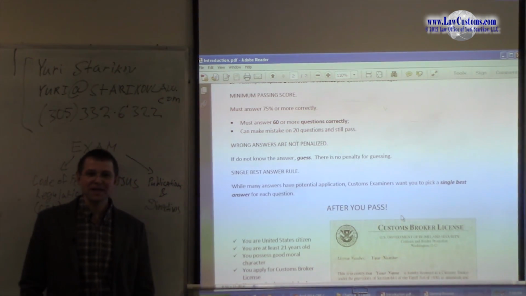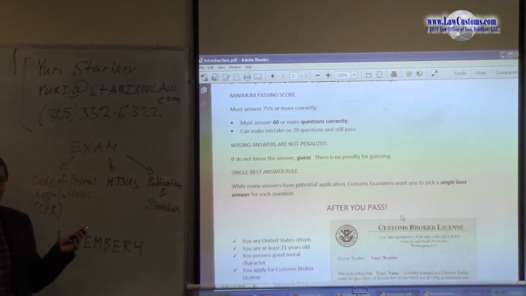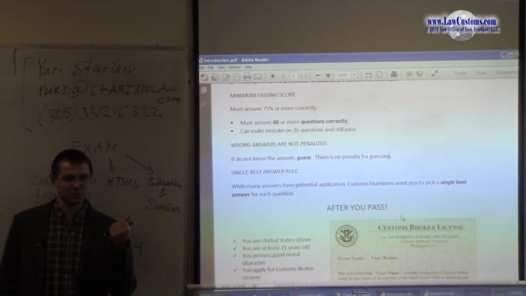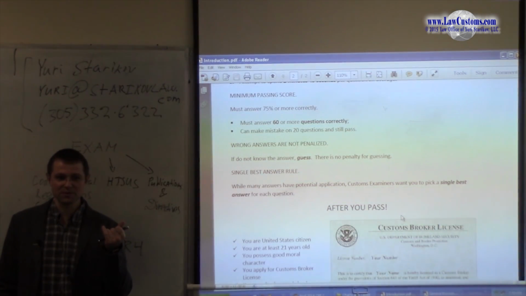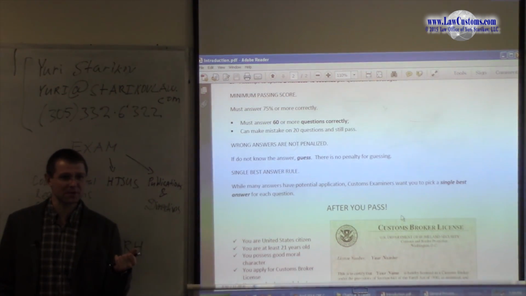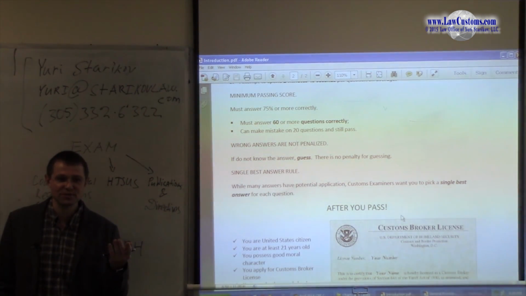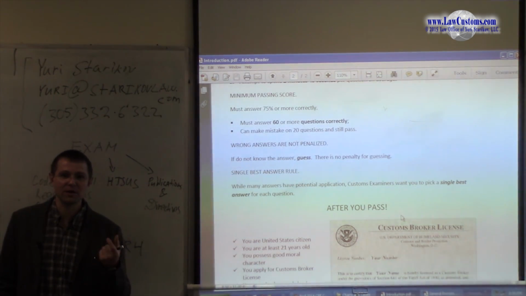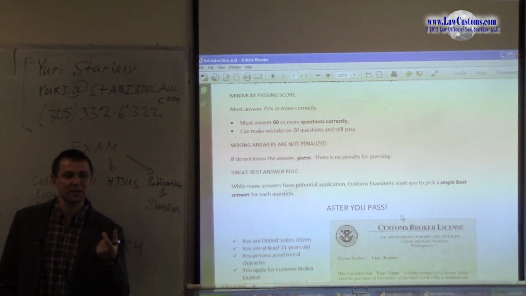Because if you get this right, this will affect the duty, this will affect the origin, this may even affect the marking, this will affect the admissibility of merchandise to the United States. This will trigger other agencies, because a lot of agencies participate with customs. They have trigger product codes.